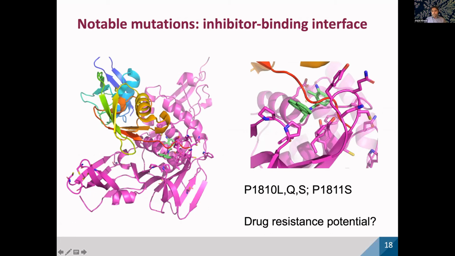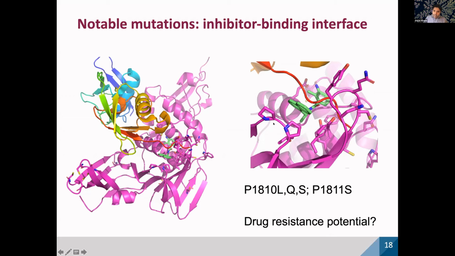So it's sitting against these two prolines in the active site, whereas the substrate is a little bit further away. However, it turns out that these prolines have indeed changed from prolines to larger residues or sometimes even smaller residues. So they've changed to a leucine, glutamine, and serine, and the second proline has also changed to a serine.